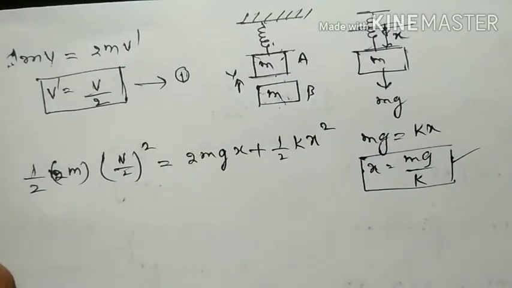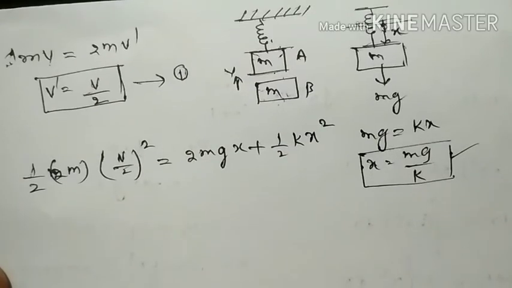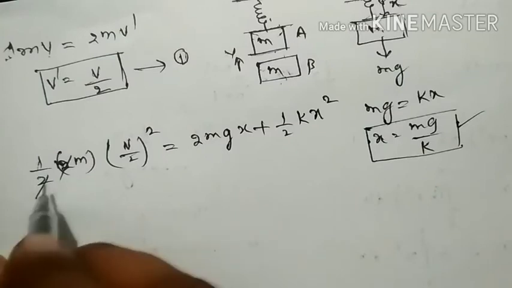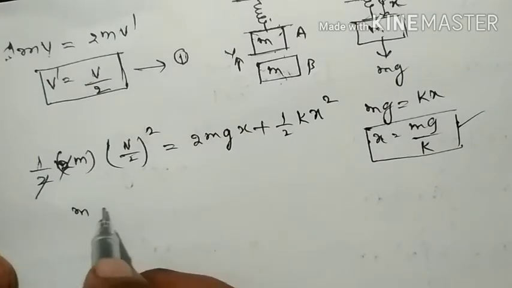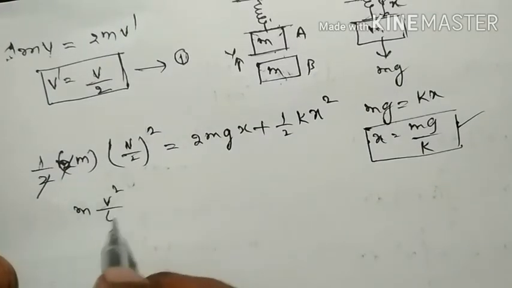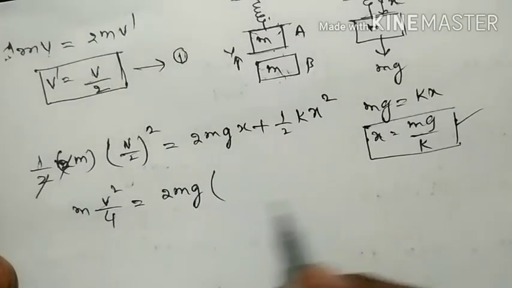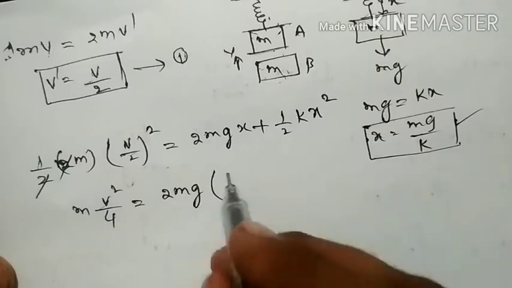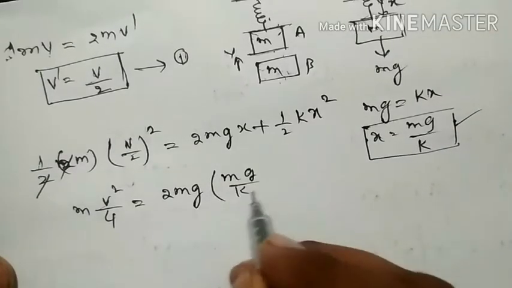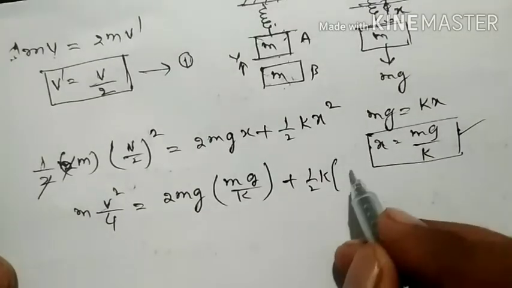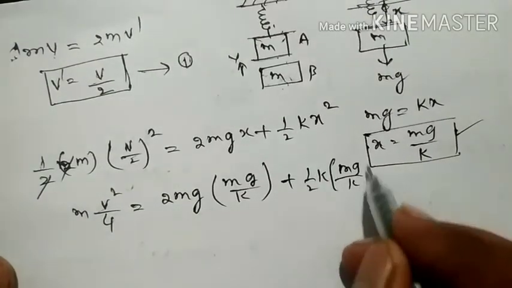So if you solve this equation, you will get the value of v. So m gets cancelled, 2 gets cancelled. So it is m into v square by 4 is equal to 2mg. So I want to convert this in terms of x. X is mg by k plus half of k into mg by k whole square.